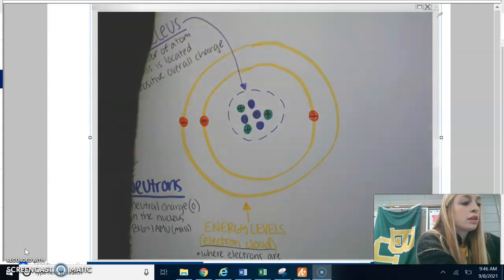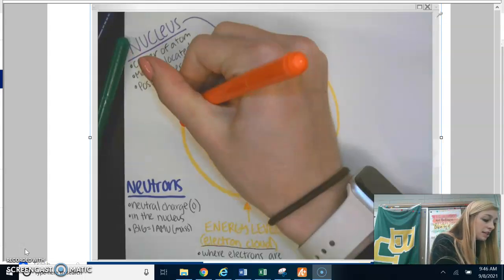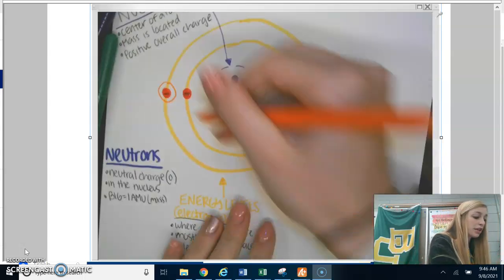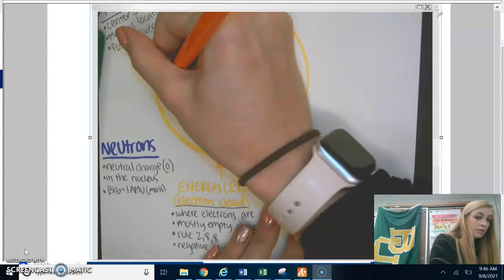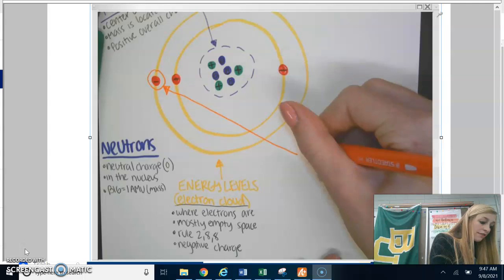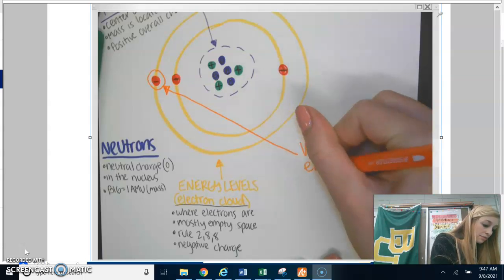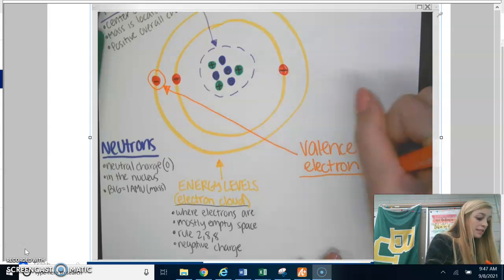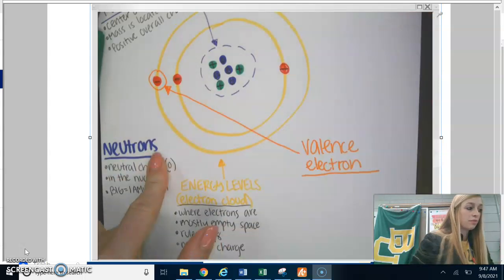And then there's one thing we're going to add that we will talk about more later, but we're going to go ahead and put in these notes. This electron, the one on the outermost energy level, has a special name. This electron is called a valence electron. It's a fancy name for whatever electrons are on the outermost energy level.